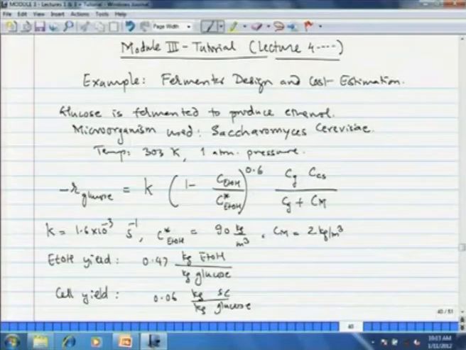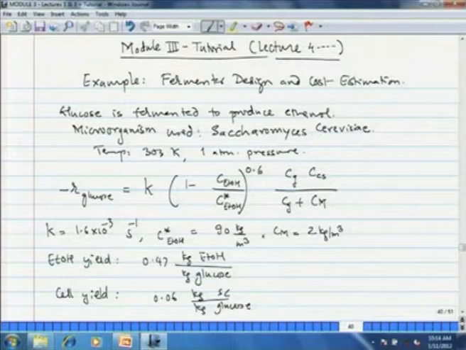For your convenience, I now repeat the problem statement briefly. We have been given a glucose fermentation reactor to produce ethanol. The microorganism used is Saccharomyces cerevisiae. The temperature of the fermenter is 303 Kelvin at atmospheric pressure. The rate of glucose consumption has been given as k into (1 minus C ethanol by C star ethanol) raised to 0.6.